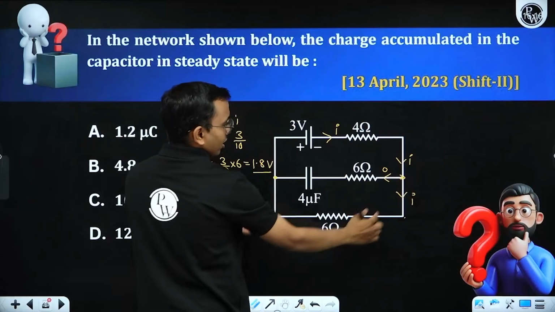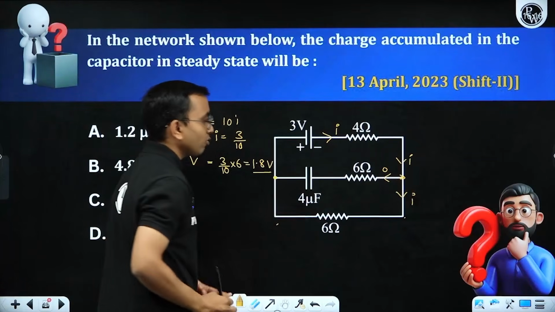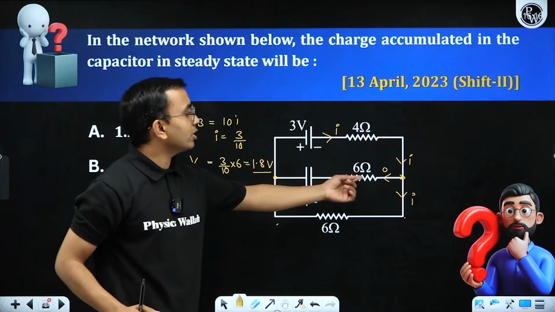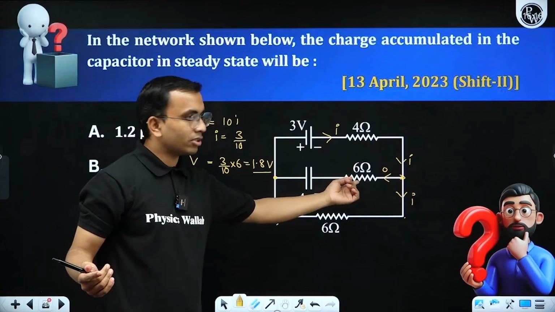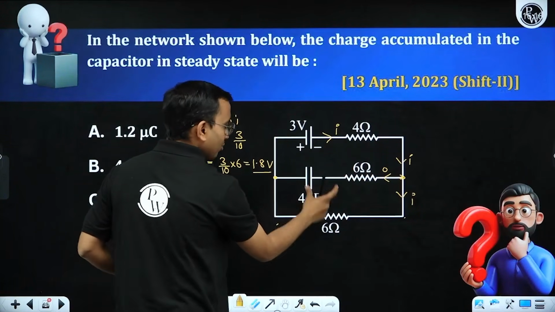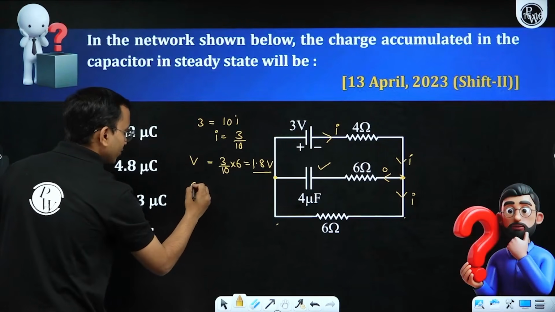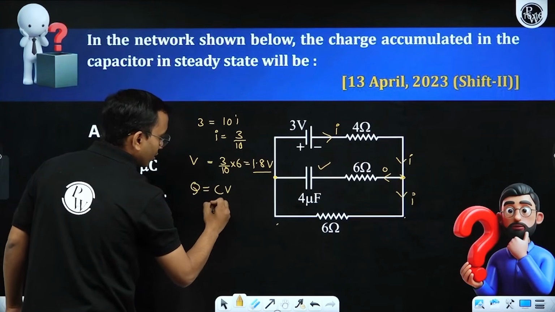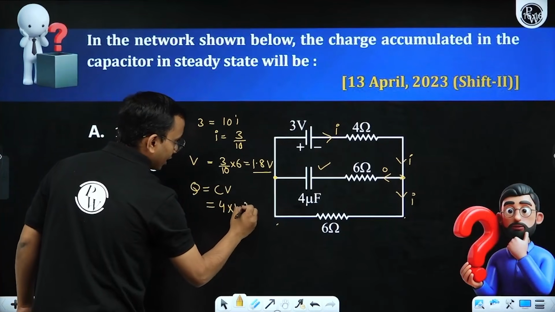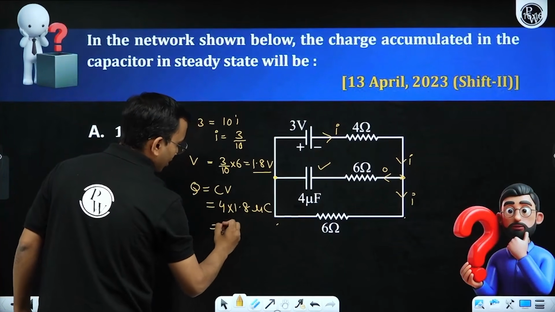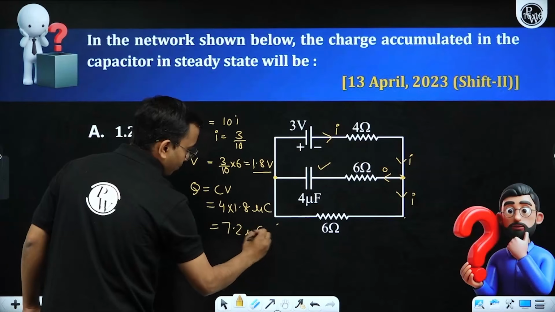The potential across 6 ohm is the potential across this, that is 1.8 volt. The current through this 6 ohm resistance is 0. Potential across this is 0. It means this same potential is across the 4 microfarad capacitor. Q is equals to CV, 4 into 1.8 microcoulomb, 7.2 microcoulomb.